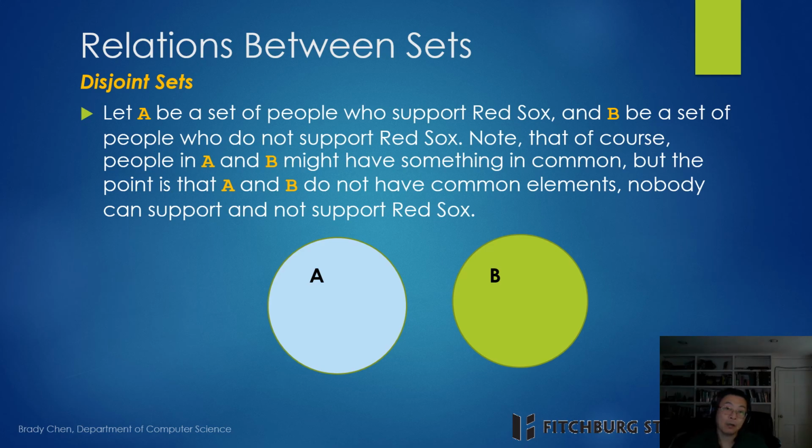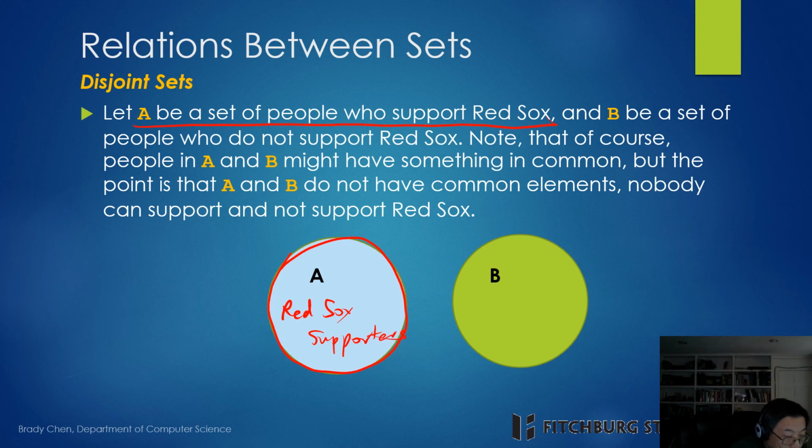Now, let's take a look at an example. Suppose A is a set of people who support the Red Sox. Okay, so these are the group of people who support the Red Sox. And B is a set of people who don't support Red Sox. Okay. Now, what do you think? What's the relation between these two sets?